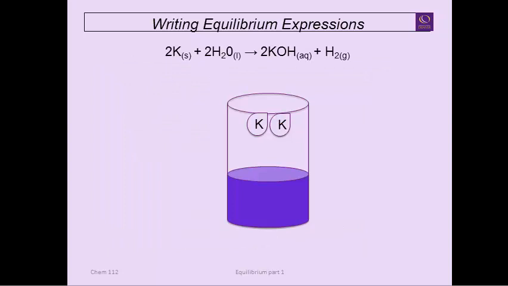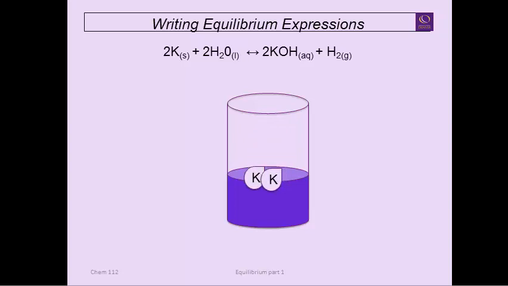Okay, here's another thing to watch out for. So we look at this one. Here's potassium reacting with water. If you drop these two potassium chunks, so there's the solids again. So solids couldn't be part of an equilibrium expression. You drop them in water, you're going to start generating potassium hydroxide and hydrogen gas. So here they go. They start dropping. They start reacting inside this reaction or in the water.